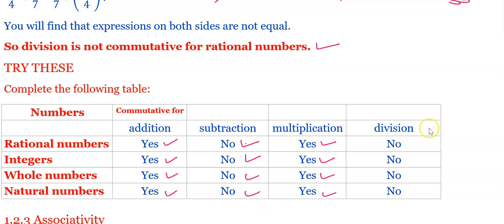In case of division, for all these types of numbers, rational, integers, whole and natural numbers, the division is not commutative. Division is not commutative for the rational numbers, not for the integers, not for the whole numbers, and not for the natural numbers.